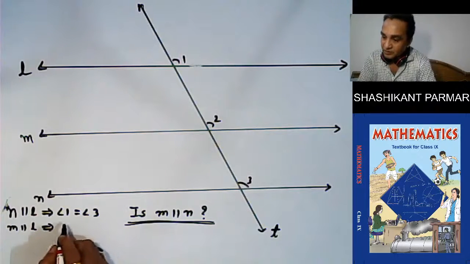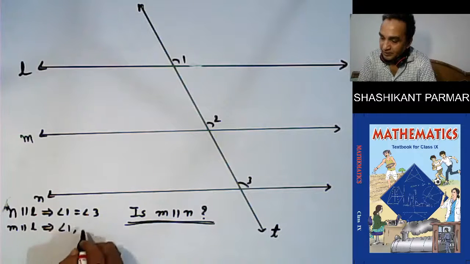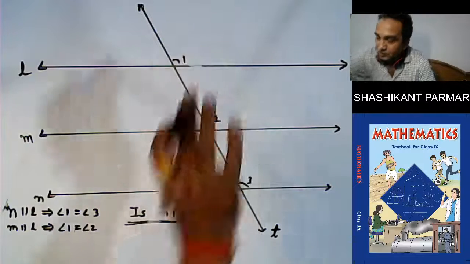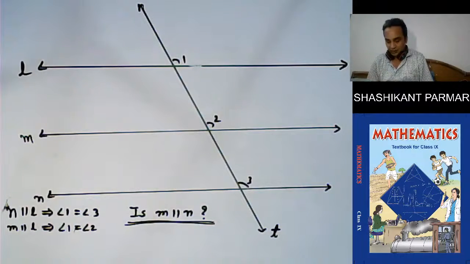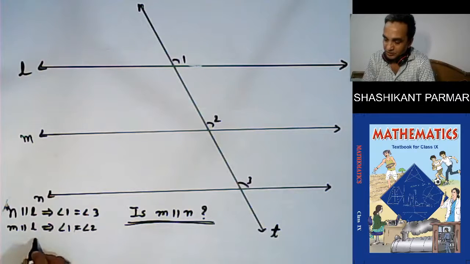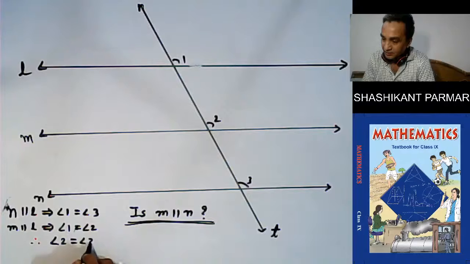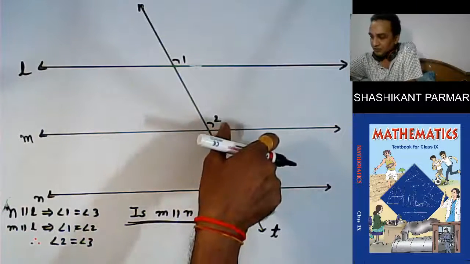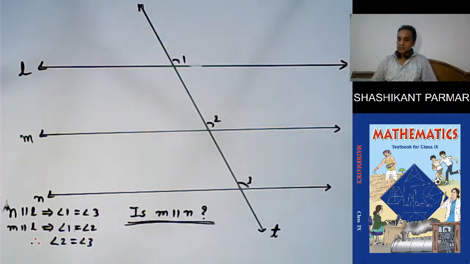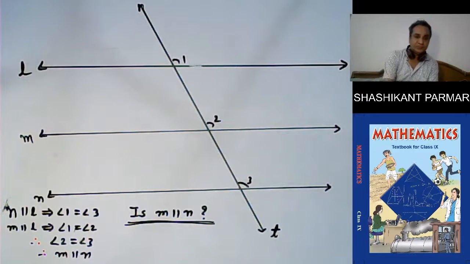That means angle 1 and angle 2 are equal, and therefore from these two results we can write that angle 2 and angle 3 are equal, and if these are equal, then M and N are parallel lines.